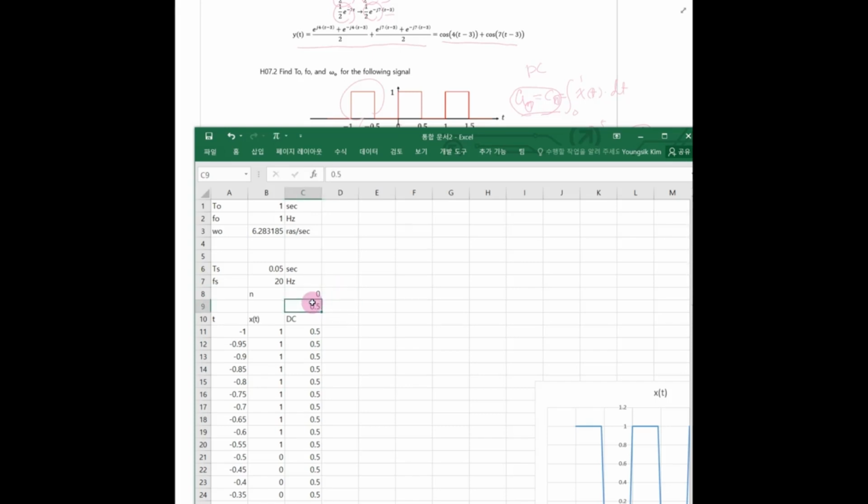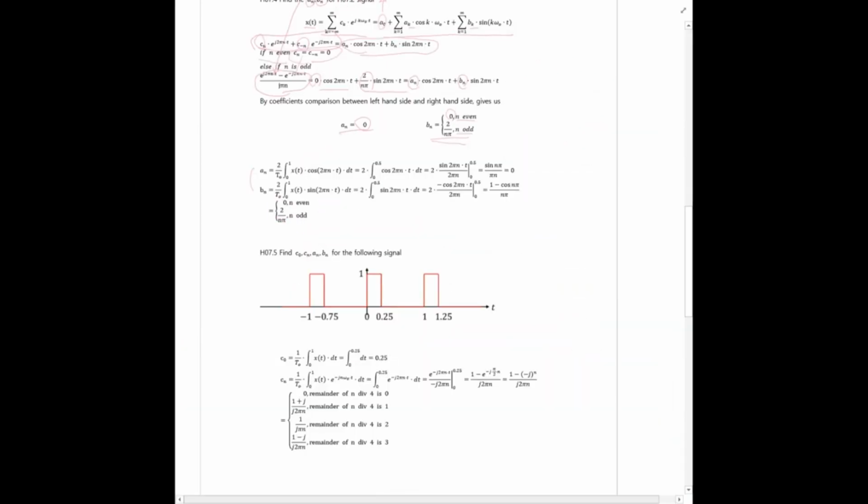DC component 0.5, and n equals 1, 2. There is no even component, only 1, 3, 5, 7, 9, up to 9. The magnitude of the sine coefficient is 2 over n pi.